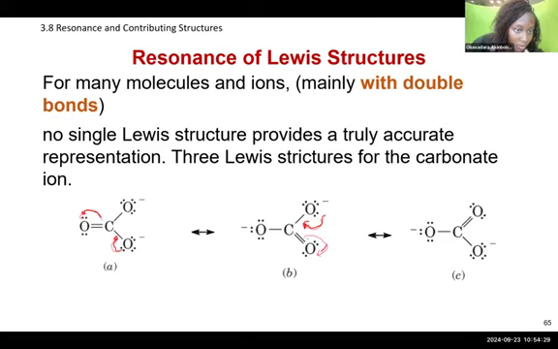Now, when you move that one, the double bond goes there. Right? There are three structures where the double bond is in different places in the molecule, right? Yes. That's the resonance. There are carbonate ion. You have three resonance structures.